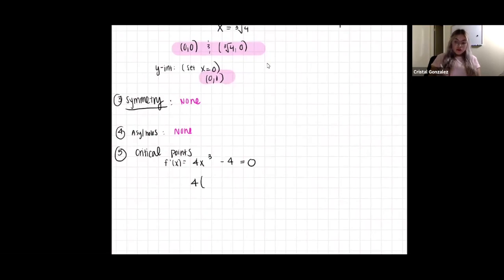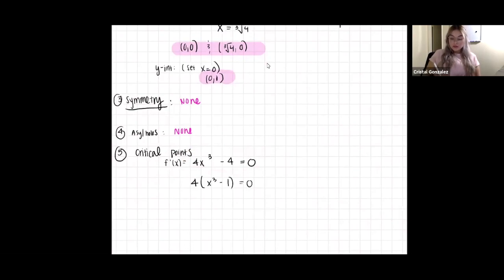Since our derivative here is just another polynomial, we don't have any instances where f prime of x is undefined, so we don't have to worry about getting any critical points from our derivative being undefined. Factoring out that 4, we get x cubed minus 1 equal to 0.